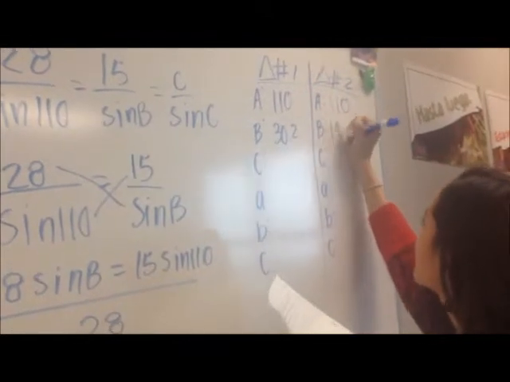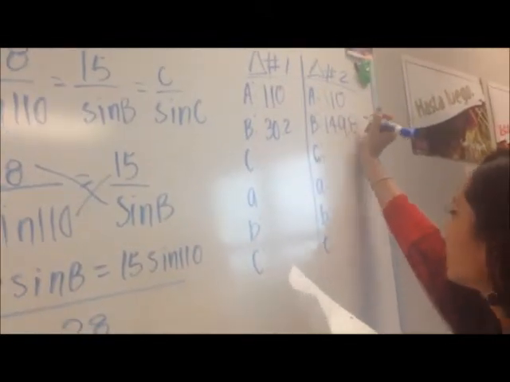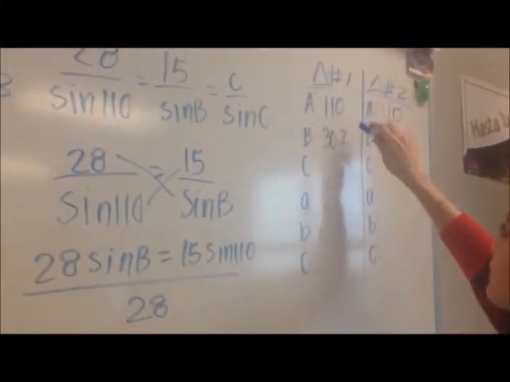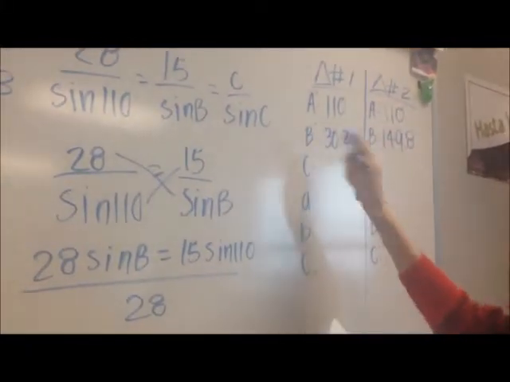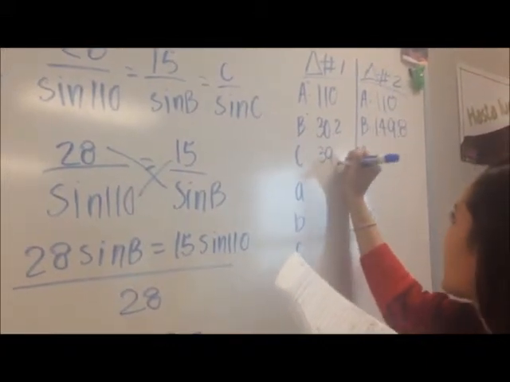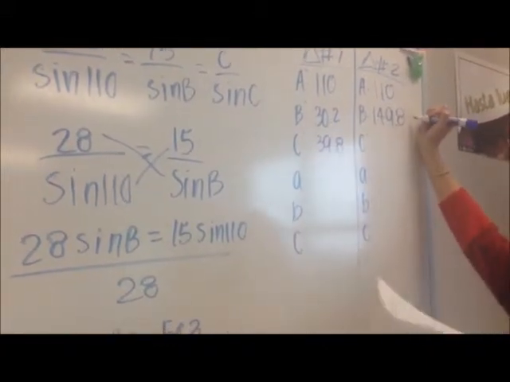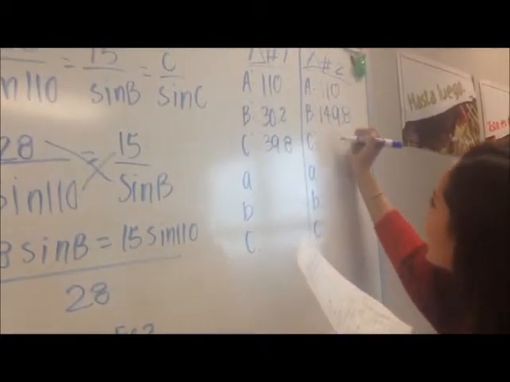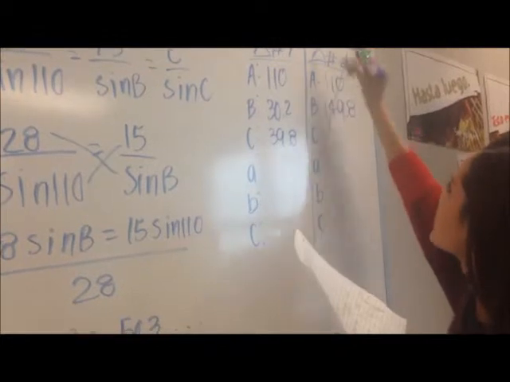This is going to be 149.8. And to find angle C, we add up 110 plus 30.2, subtract it from 180, and get 39.8. We do the same over here for triangle number 2, but it ends up being a lot more than 180, so that means there's no second triangle.